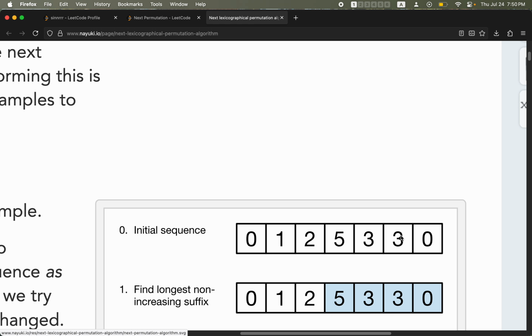If you swap 0 and 3, it's going to produce a smaller number, because 3 0 is definitely bigger. So you don't want to swap with a number that is bigger on the left. You want to swap with a number that's smaller on the left. That's the first observation: you want to make sure you're finding a smaller number on the left to swap with.